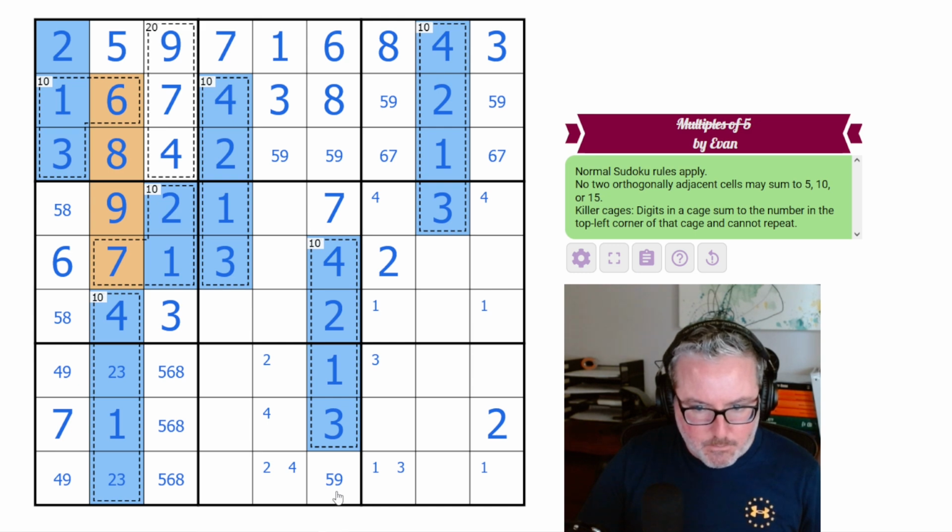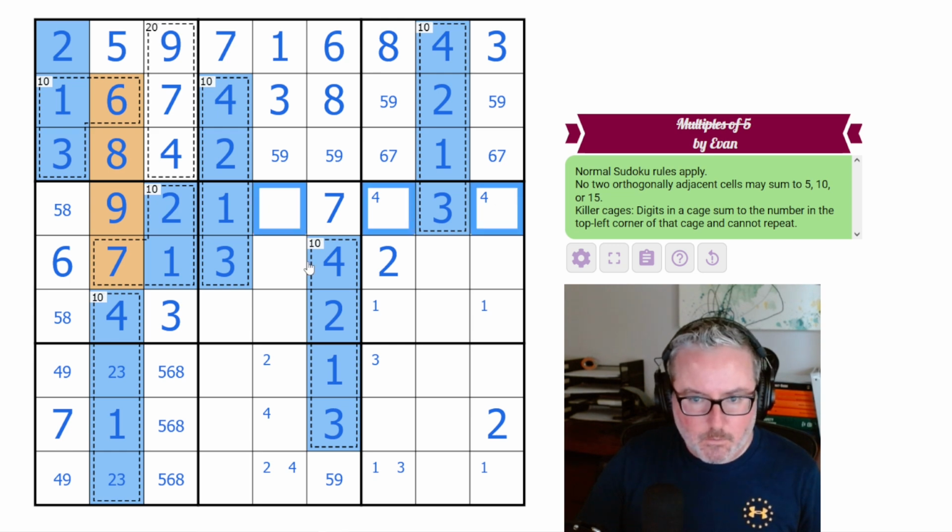Does that then translate into, let's say, the column or one of the rows? Let's see. 4 can, well, we know the 4 has to go over here anyway. We also need to have a 5, a 6, and an 8.